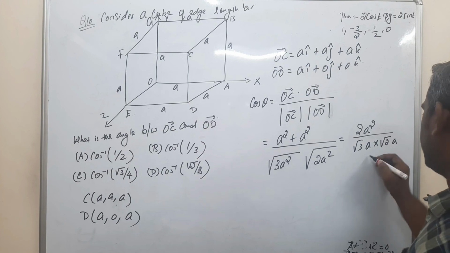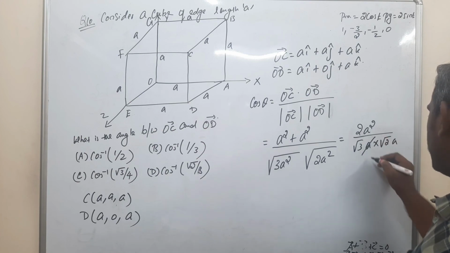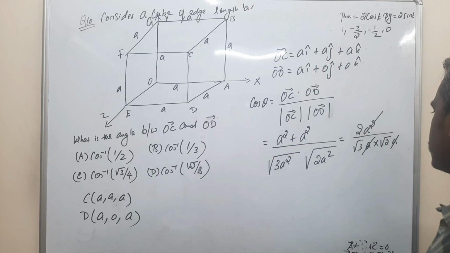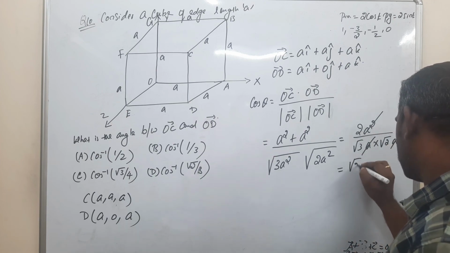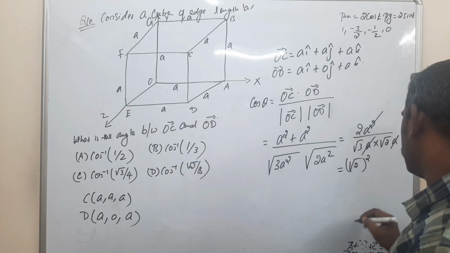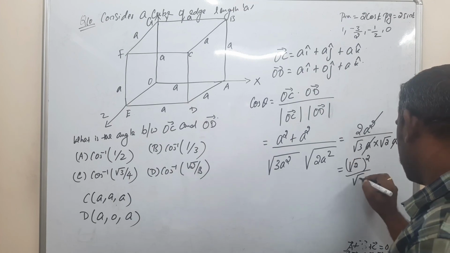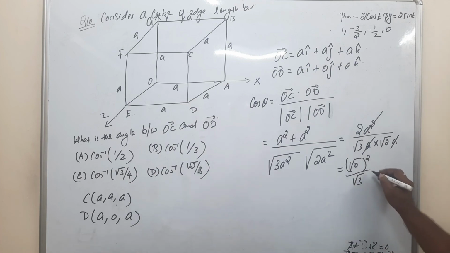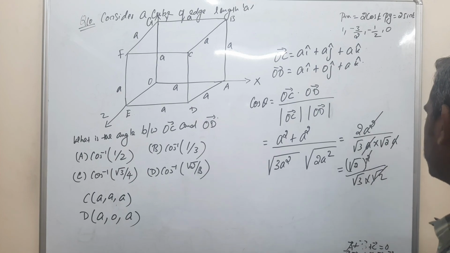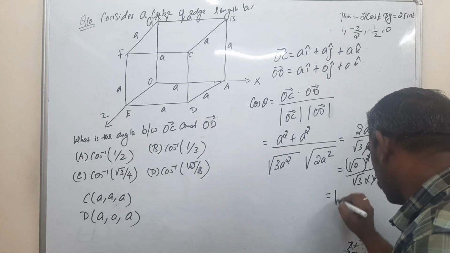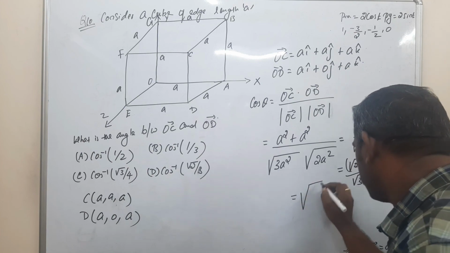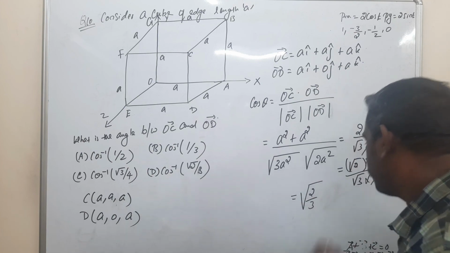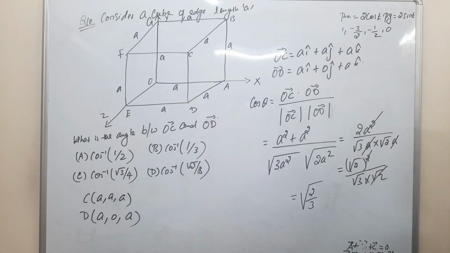So this A square, this A square cancel. Then 2 we can write as root 2 the whole square, divided by root 3 into root 2. This root 2 cancels, so we get cos theta equal to root of 2 by 3.